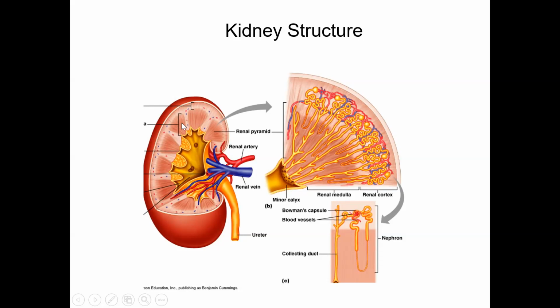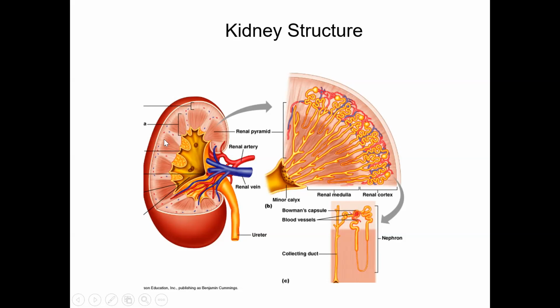Cortex, renal pyramid. Okay, renal column. Your book did label this part. It's called a renal column. Renal column is a cortical structure extended in between pyramids. It is still a cortical structure, okay?